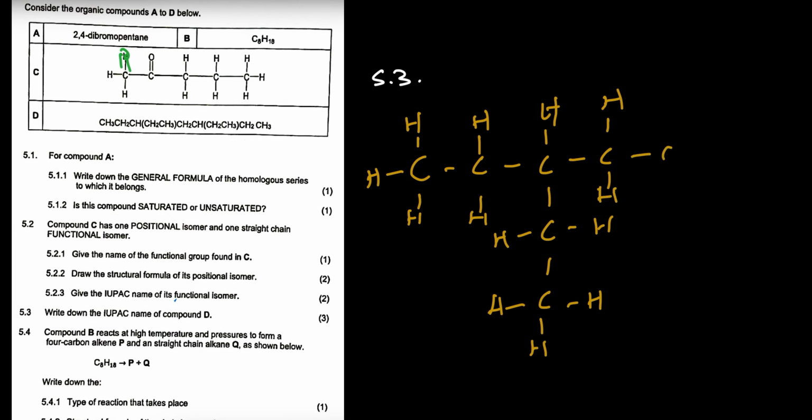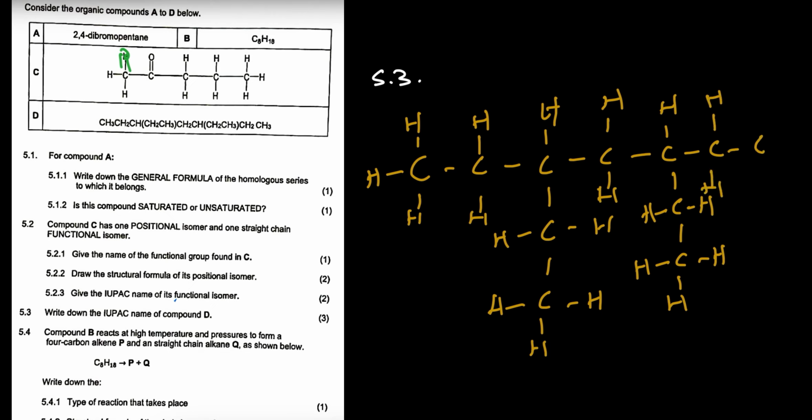And the next one with 1 hydrogen and a branch with 2 carbons. And then the next one with 2 hydrogens, and the last one with 3 hydrogens. So this is the structure that we have.